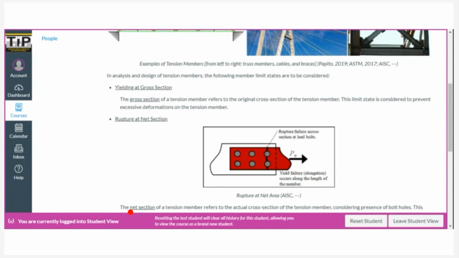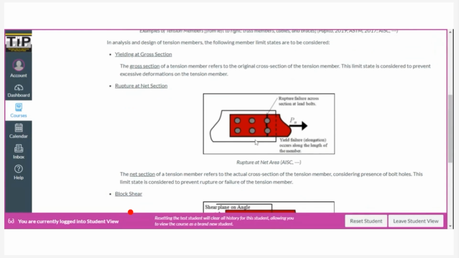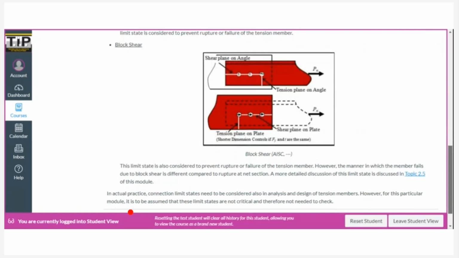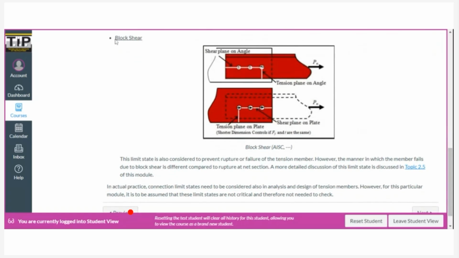Okay, so, and then, the last member limit state that we consider is what we call block shear. So, an illustration of block shear goes like this. For example, we have a tension member. What happens is that it will be broken apart into two or more parts.